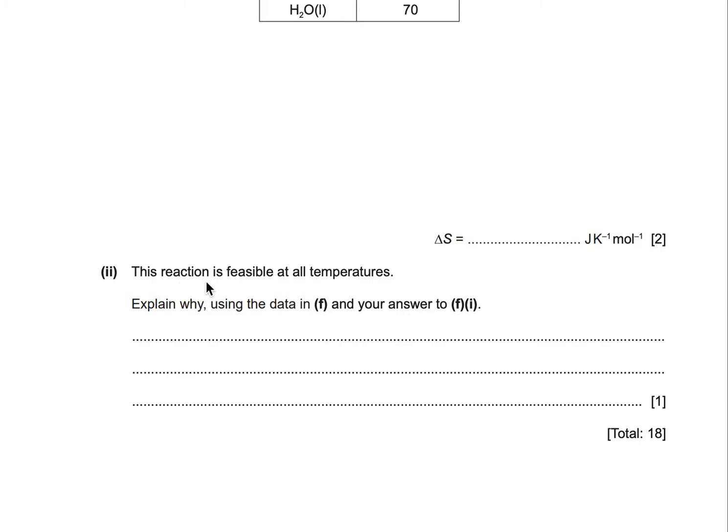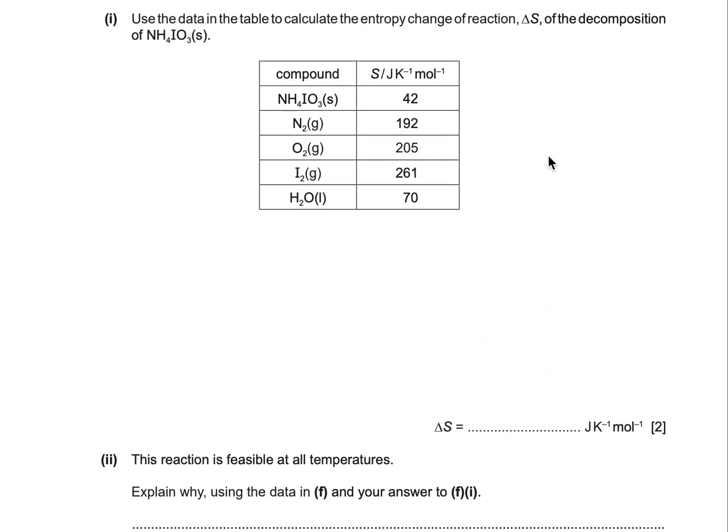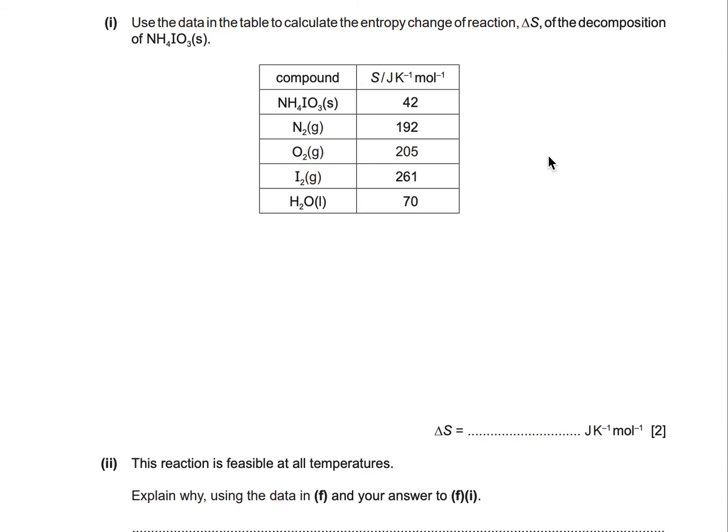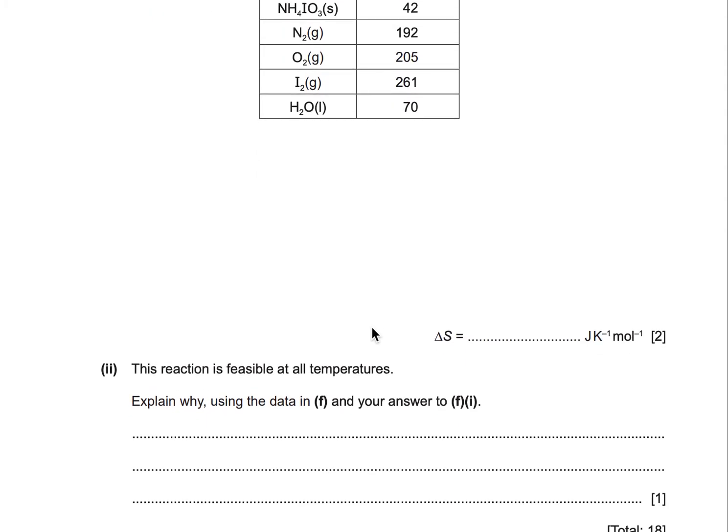It says this reaction is feasible at all temperatures. Explain why using the data in F and your answer to Fi. So we need to explain why it is feasible.